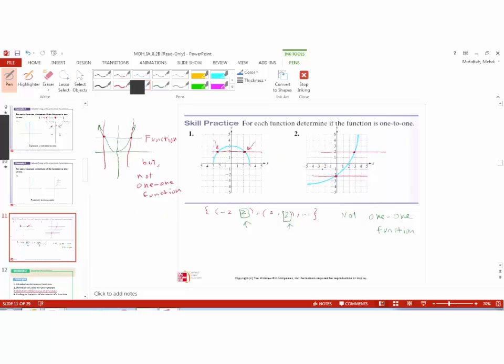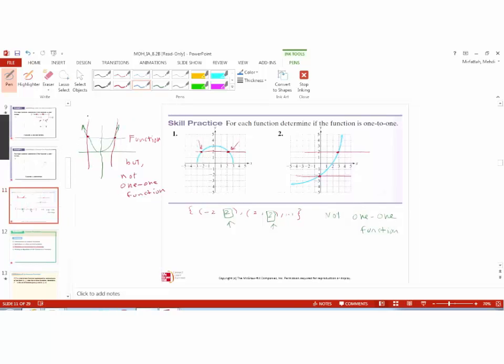So that's how you test it. The vertical test would show us if it's a function. The horizontal test would show us if it's a one-to-one function or not. So basically that's what they're talking about here, whether it's a one-to-one function.